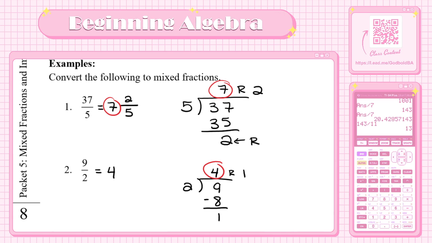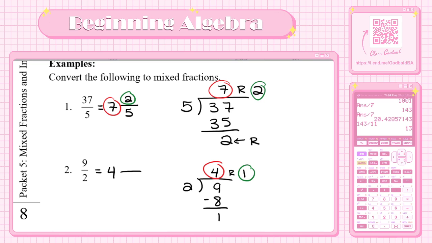Okay, and then the remainder is the numerator. Oops, I did the wrong one. I did the one from the previous example. So the remainder was 1 here, and then the denominator is the same as the previous one.